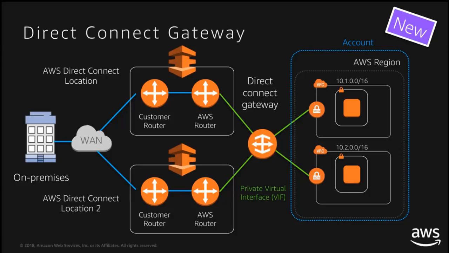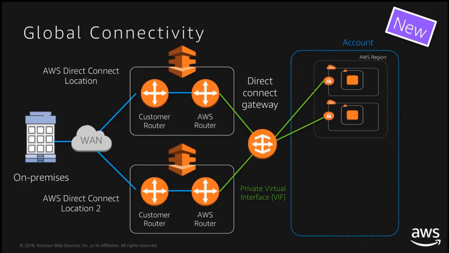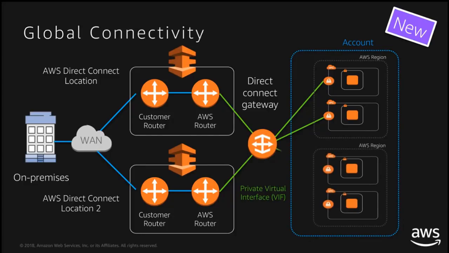As well, there's other features for Direct Connect gateway. So in the previous example, those were two VPCs in the same account in the same region. Well, let's say we want to do some disaster recovery and we want to put two VPCs in another region. All we have to do is associate the VGWs from the other VPCs into our Direct Connect gateway, and it just works. So this all uses the AWS global backbone.